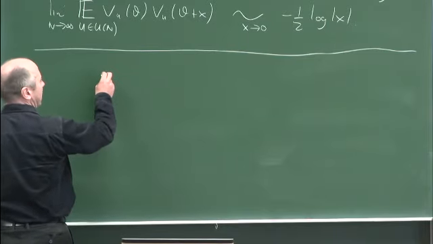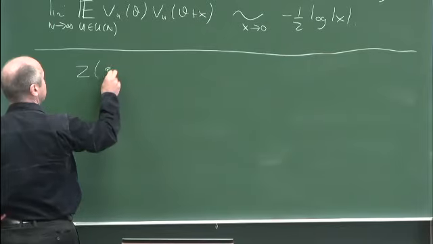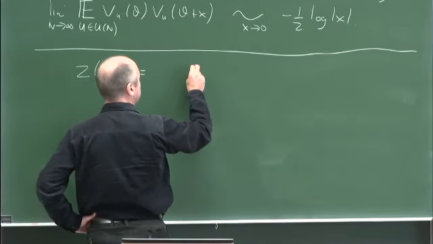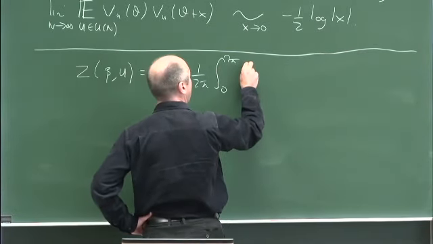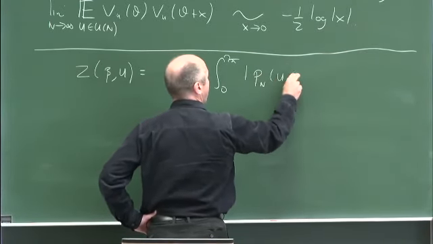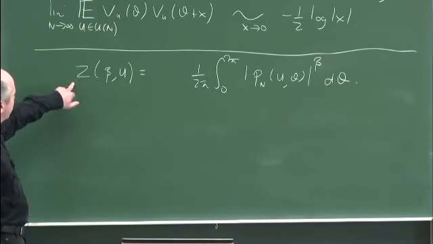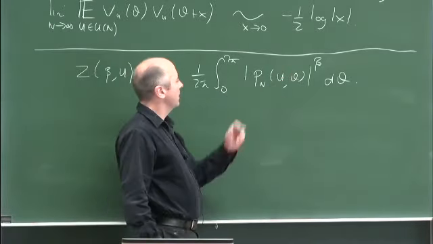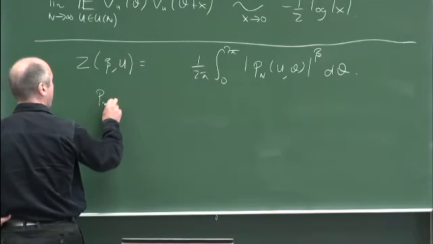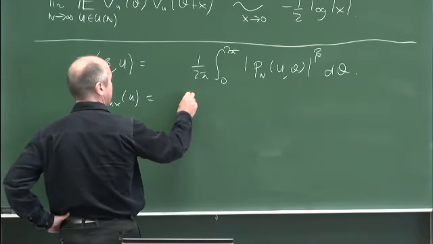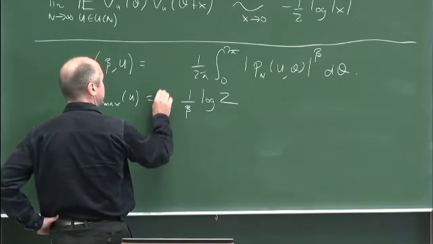So if we define z of beta u to be 1 over 2 pi times the integral from 0 to 2 pi of the modulus of the characteristic polynomial to the power beta, so z beta u is the beta power moment of the characteristic polynomial, we can recover the maximum simply by taking 1 over beta log z and looking at the limit as beta tends to infinity.